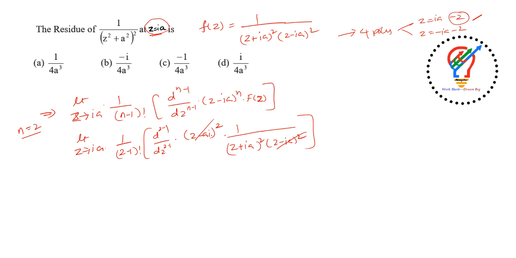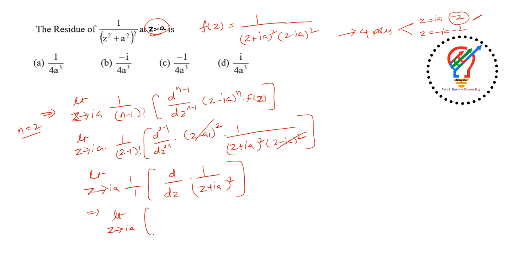Now limit z tends to ia of d by dz of 1 by (z plus ia) whole square. Further simplifying, the entire value is minus 2 divided by (z plus ia) whole cube.